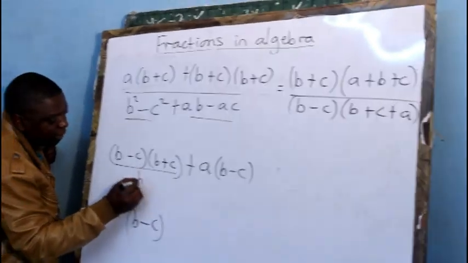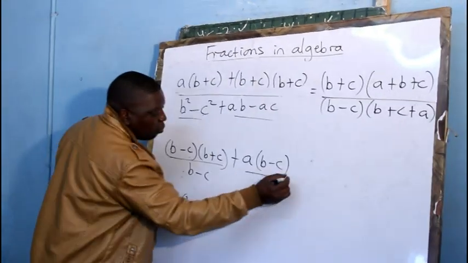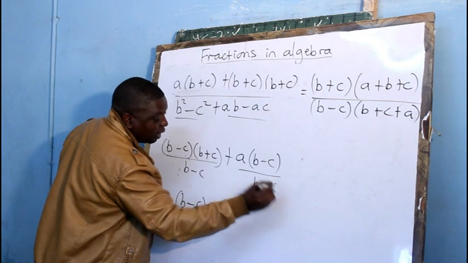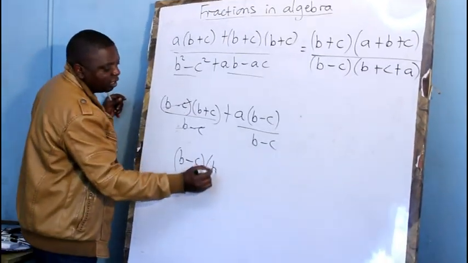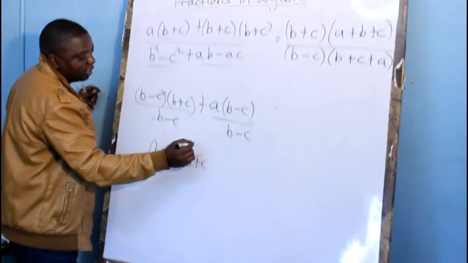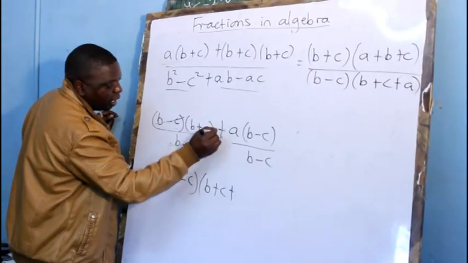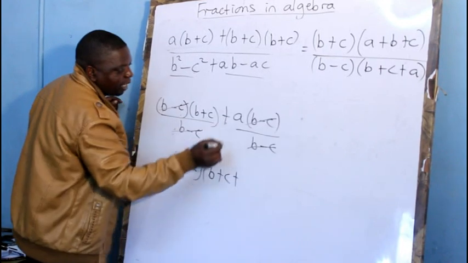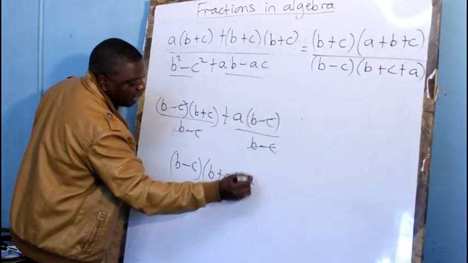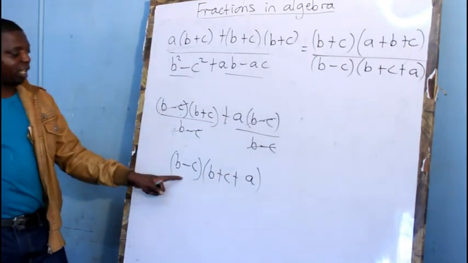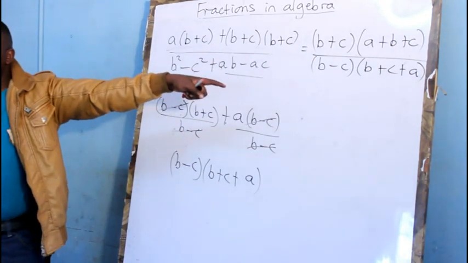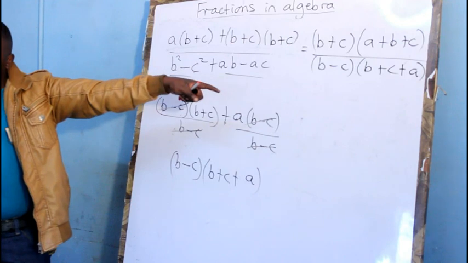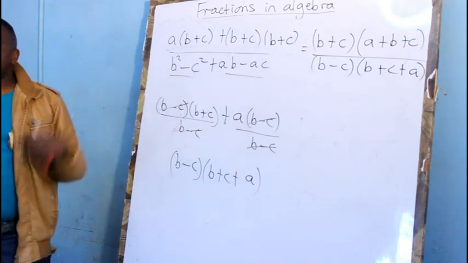Then we divide by b minus c. The b minus c and b minus c cancel, and we are left with b plus c, plus a. On the denominator, b minus c and b minus c cancel, and we are left with a, out together. So this is what we write. Which are the common factors?